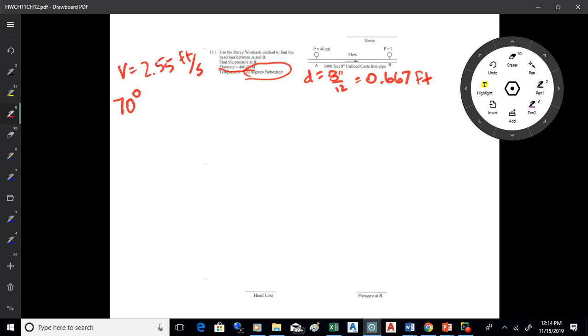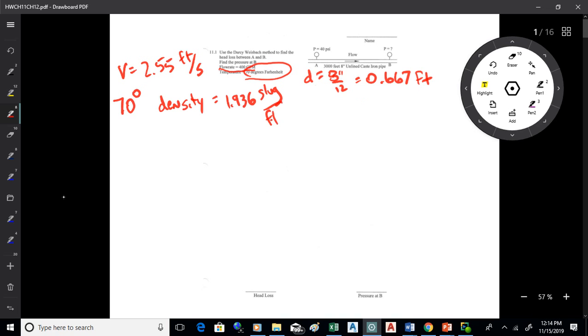If we look at the chart, which is in the book towards the beginning, in chapter 1, I think, on page 58, and look at 70 degrees, you get the density. It's 1.936, and that's slug per cubic foot.